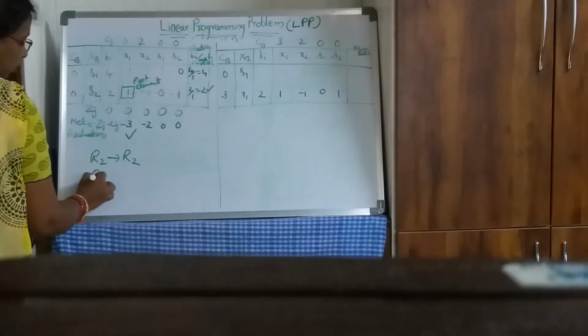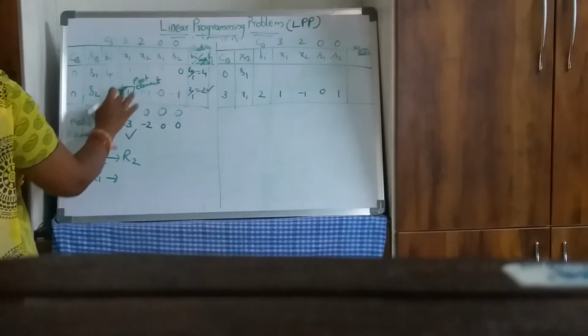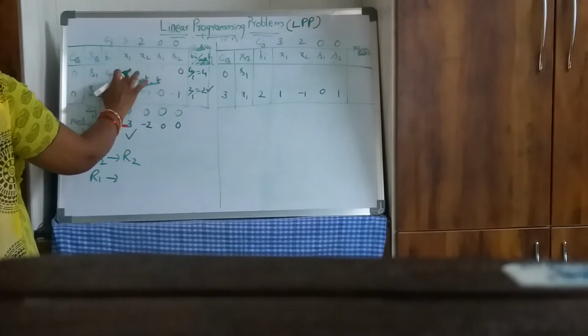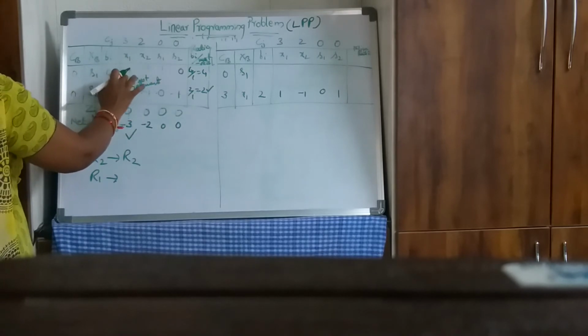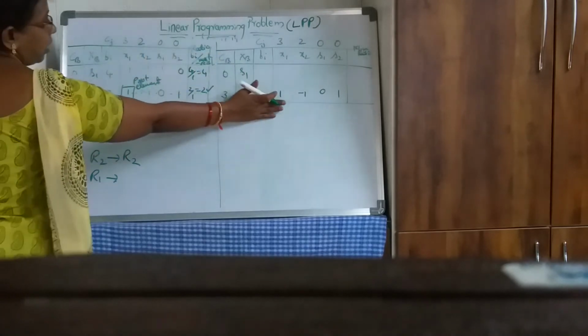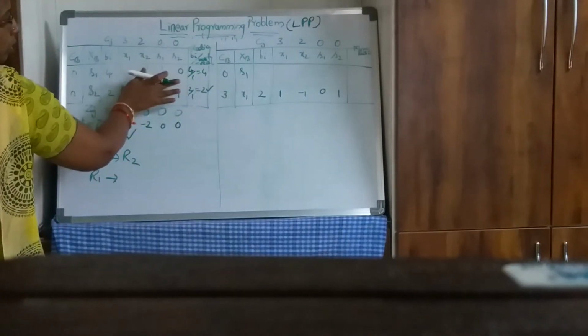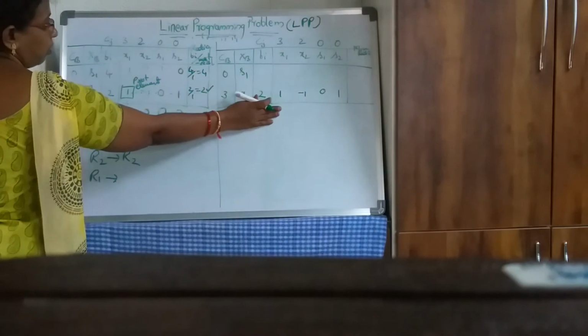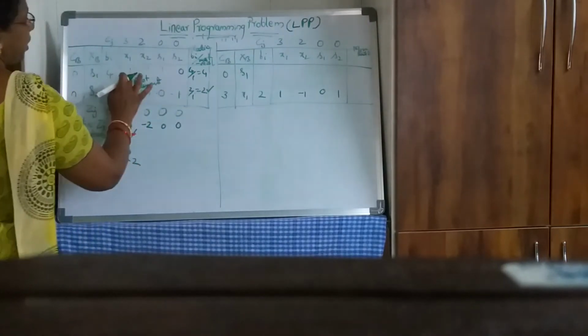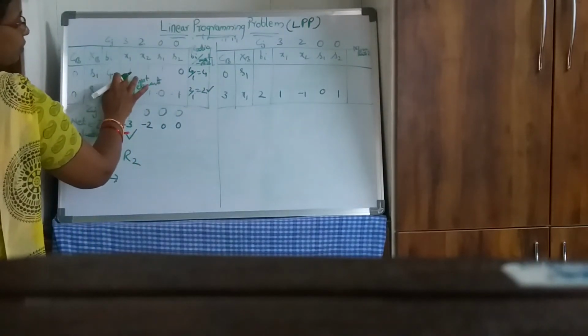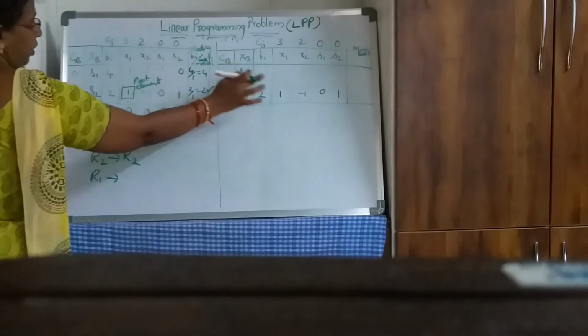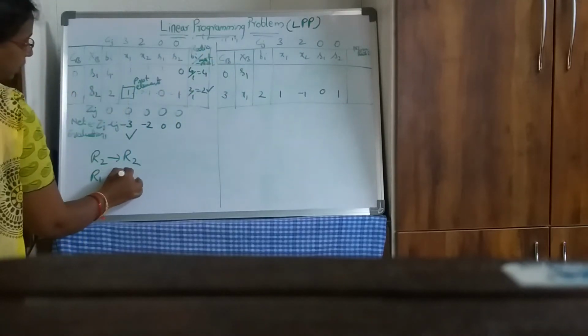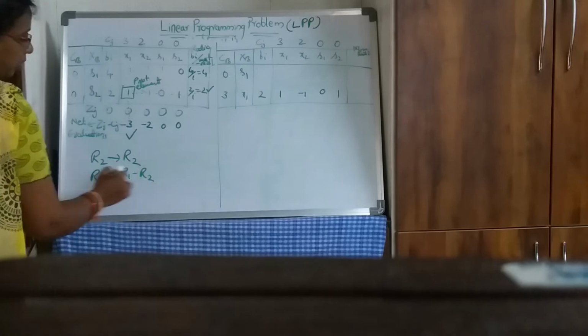Now go to R1. Now here I should make this 0. How to make this 0? Now this is my R2. To make the transformation to this row, here I have 1 and here I have 1. I should make this 0, which means I should subtract R2 from R1. So R1 is R1 minus R2.